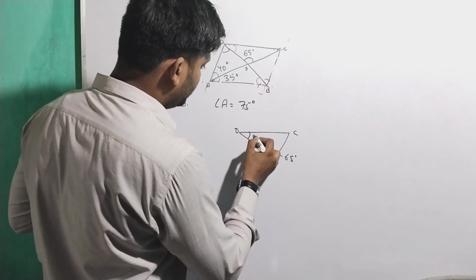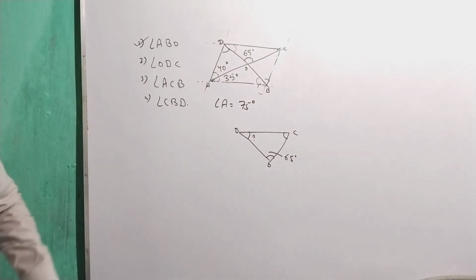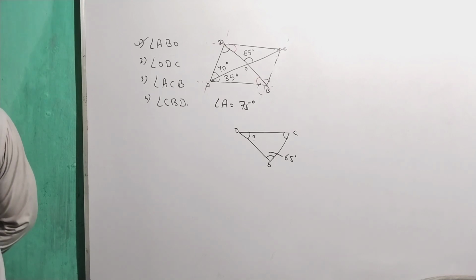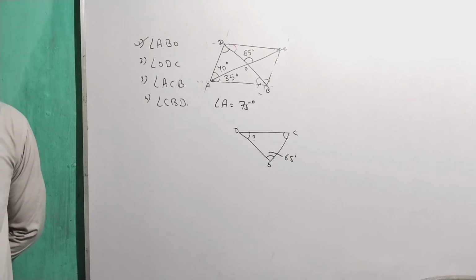Sir, we have to find out this one. So we should have that one. How will we get that value? You tell me how we are going to get that value. You see, just check it down. Basically angles.